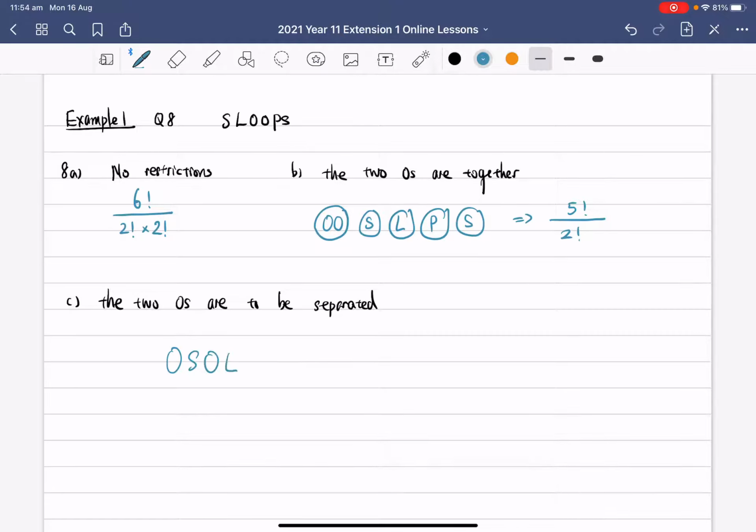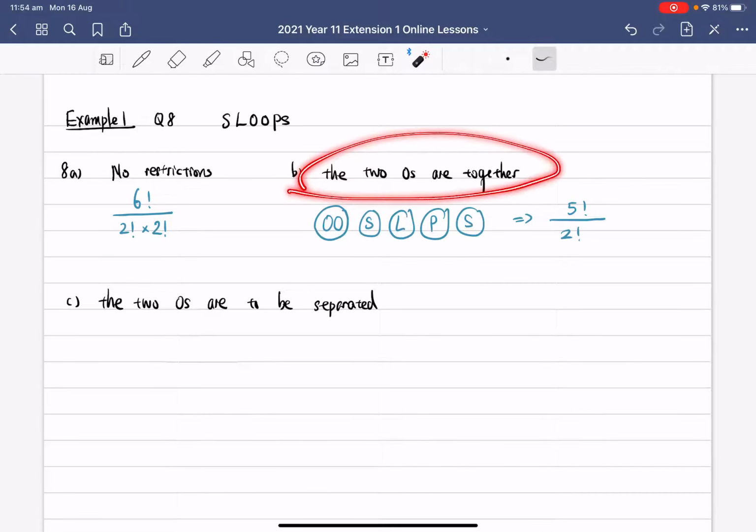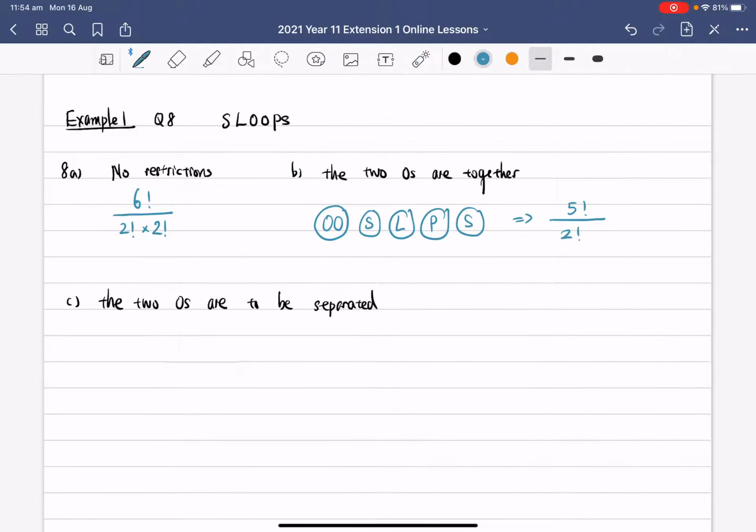The quickest way is to work out the total arrangement when there are no restrictions, which is this number here, and then work out the number of arrangements when the two O's are staying together. So we can just use the total minus when they're staying together, and then we can use our calculator to find out how many arrangements are possible here.